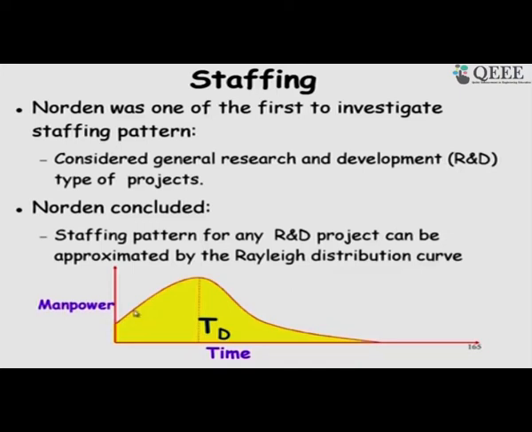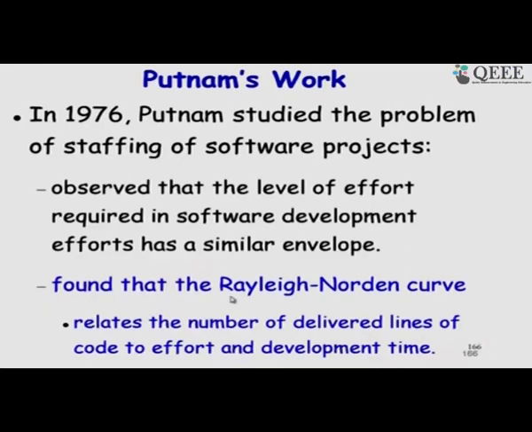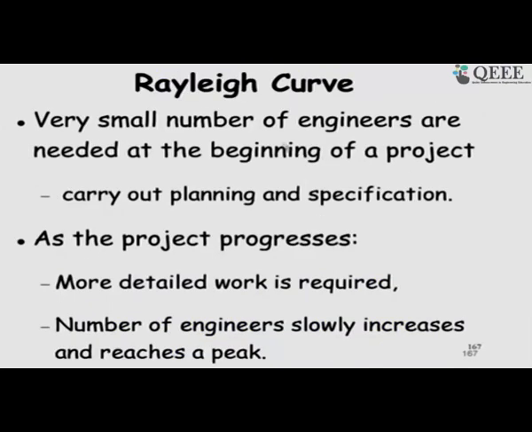Similar is the manpower requirement in software development. Initially few people for requirement specification, design, coding and it peaks during testing, and then slowly as it gets deployed, the manpower is reduced. So, Putnam found that the Rayleigh curve actually fitted well for software projects. So, that is what is written down, what I said, for your note.